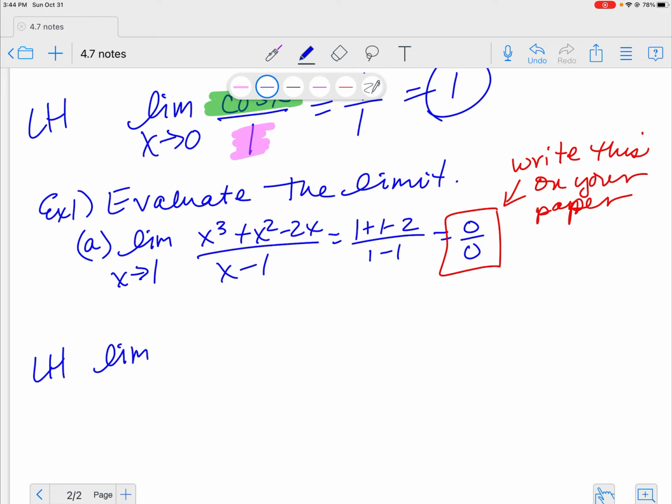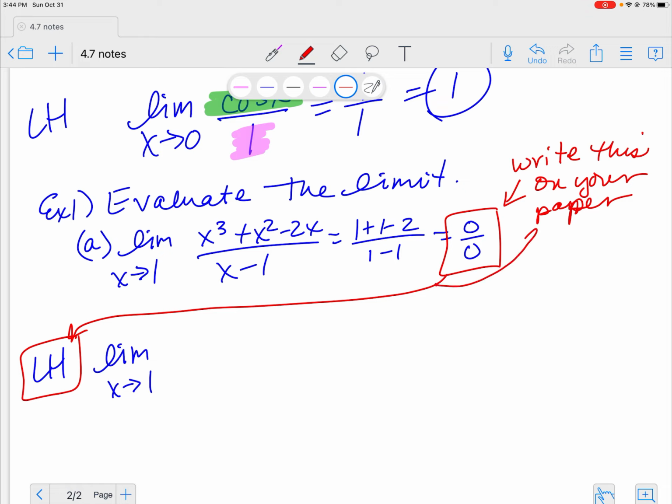So I now have my limit as x approaches 1 with my derivative. You need to write that on your paper so that I know why it changes. You can't just write crazy stuff on your paper. You actually have to work this out.